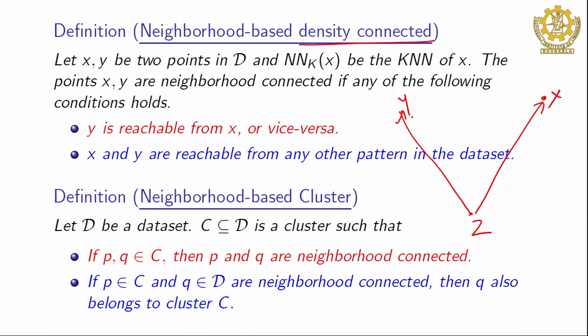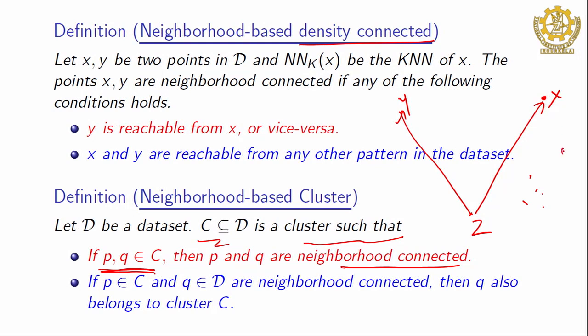Then we say x and y are neighborhood based density connected. Finally, they define the term: a set of points is called a cluster if the points are density connected. In the last class we also talked about DBSCAN.